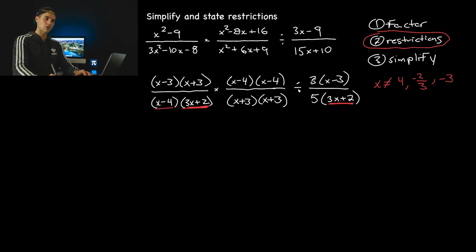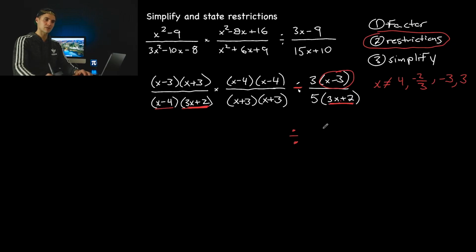However, you got to remember, if you're dividing by something, whatever you're dividing by, you also get the restriction from the numerator of the thing you're dividing by. Not anything before, but the thing you're dividing by. Because if this numerator is going to be 0, which is basically going to happen at an x value of 3, that's another restriction.